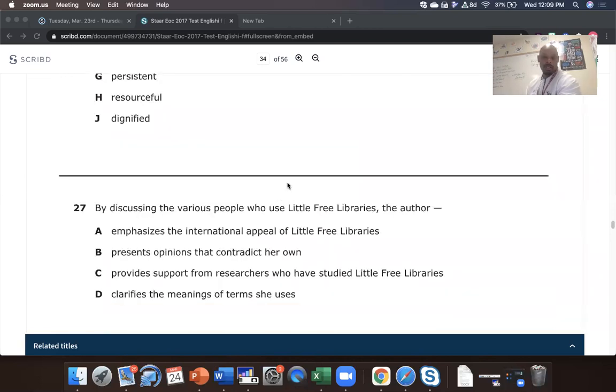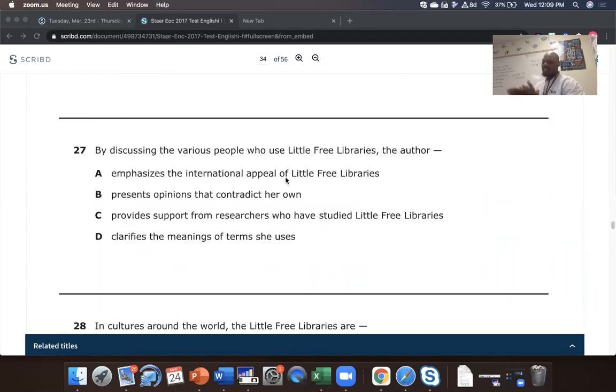All right, want to try one more? Okay, let's look at number 27. By discussing the various people who use little free libraries, the author. So, what kind of question is this? Is it paragraph specific? Is it question specific? Okay, so let's take a look at the question before we go looking into the paragraph. Because right now, based on the paragraph, based on the question, we don't necessarily have a specific direction to go in the text.